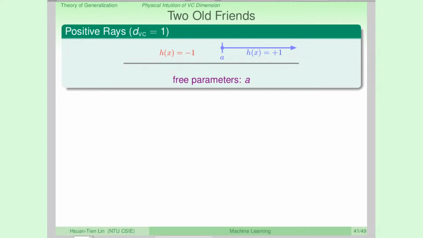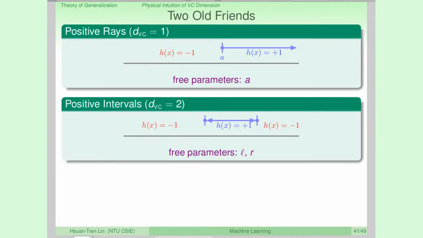Let's look at some of our old friends here. We have the positive rays, and remember we said for the positive rays the VC dimension is 1. It so happens that this learning model has one free parameter. Positive intervals have 2 free parameters, and the VC dimension equals 2.